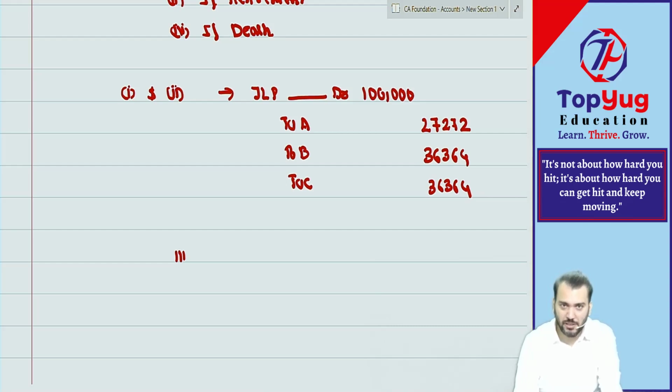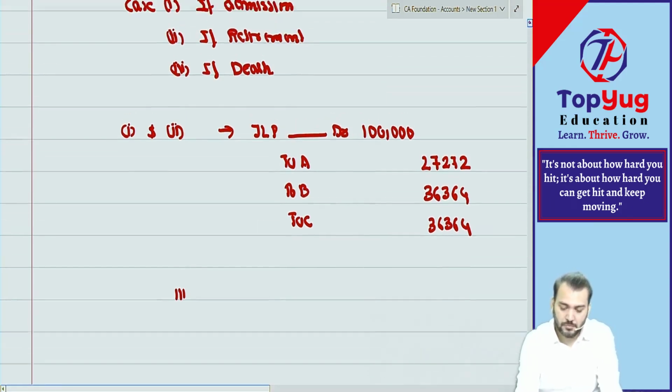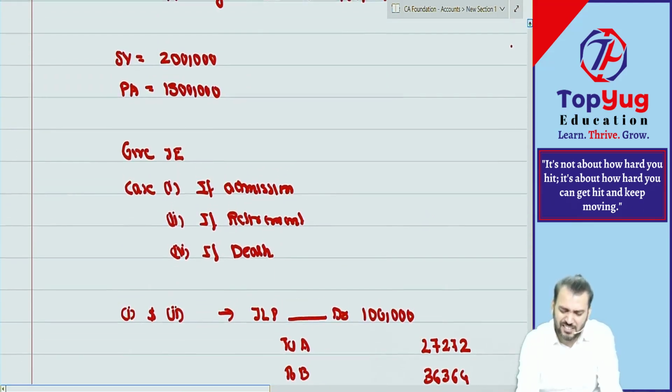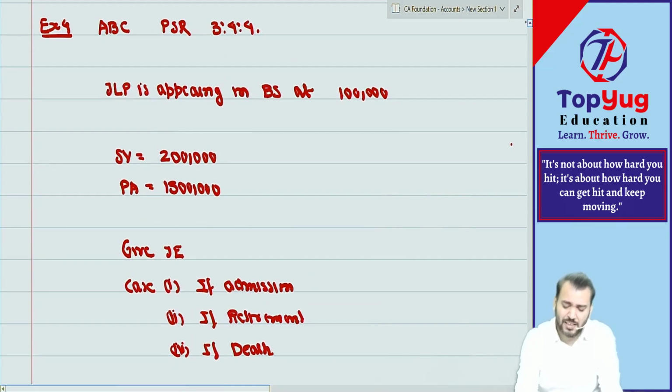I'll discuss, don't worry. How many have done this journal entry? Has anyone done any other journal entry? What journal entry have you done? Yes. From where did the cash come?